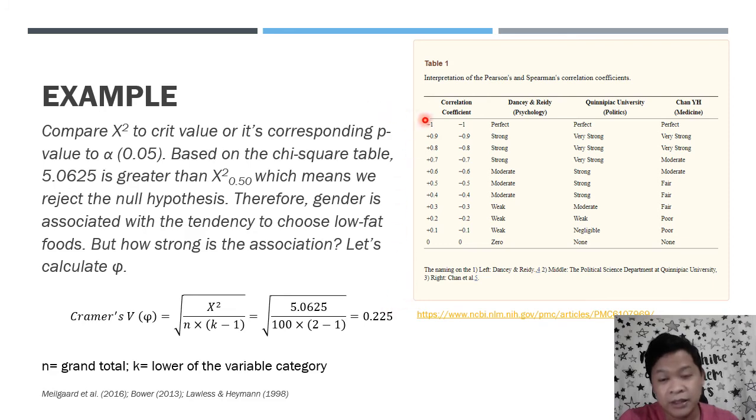And in this case, if it's 0.225, then that would mean more or less a weak correlation. Okay, so there is a significant correlation, but it is not that strong, meaning to say it's not a good predictor of the association, na kapag lalaki ka, automatic mas ayaw mo na ng low fat food or vice versa.